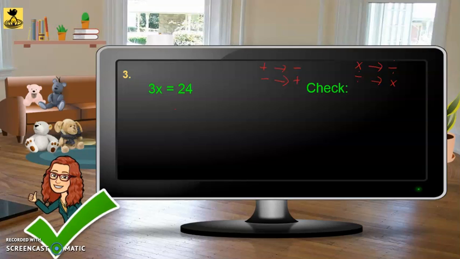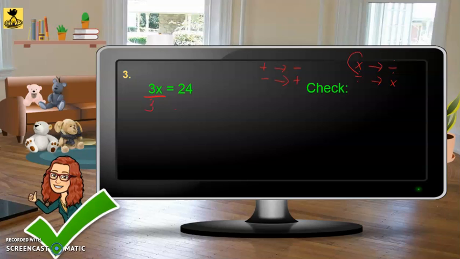So here, 3 times x, 3 times a number equals 24. Since this is multiplication, we need to divide so that we can get rid of the numerical coefficient. So divide both sides by 3.